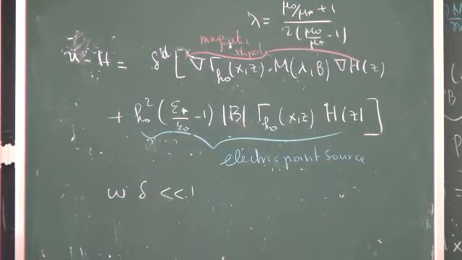Whatever the frequency is, it can be very high. If the size of the inclusion is smaller than the wavelength, then the asymptotic expansion holds. It makes sense. And we are far away from the inclusion.